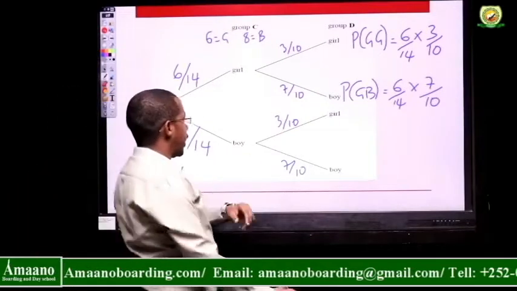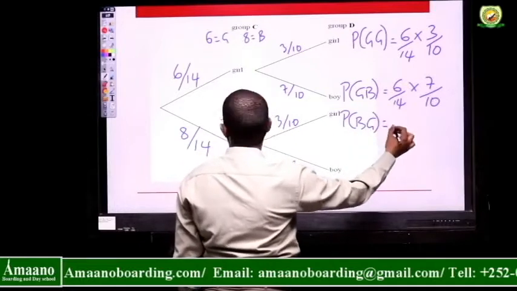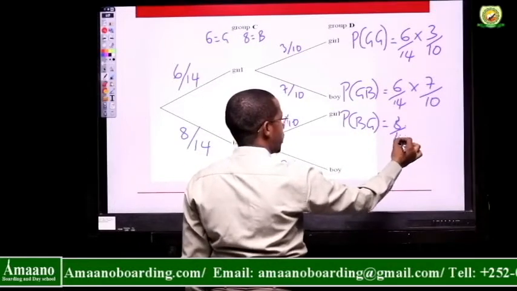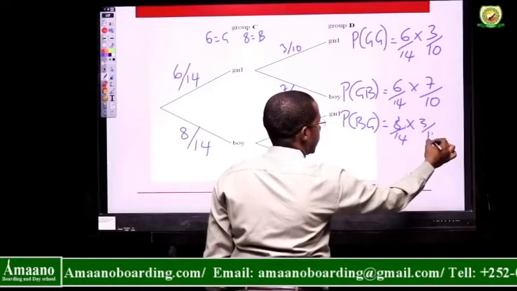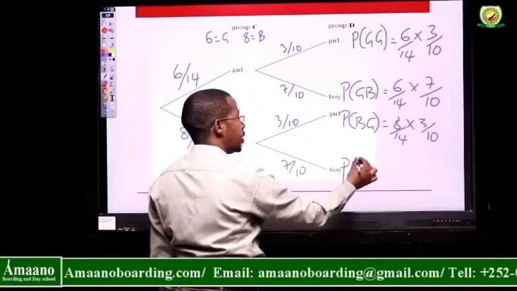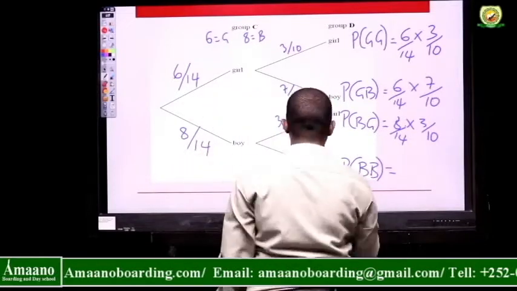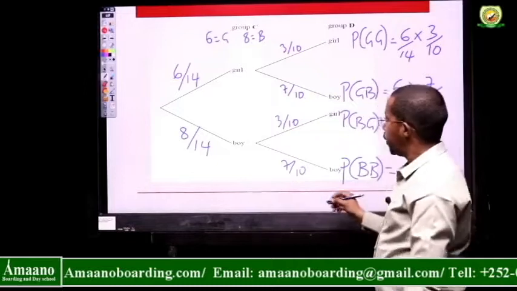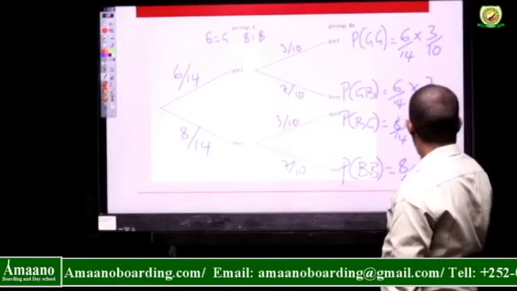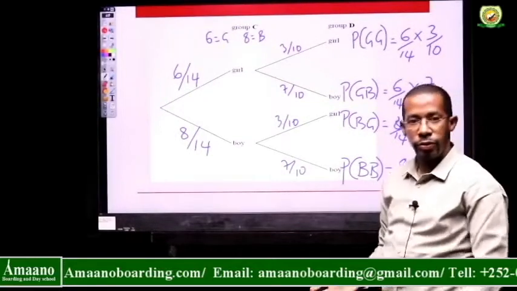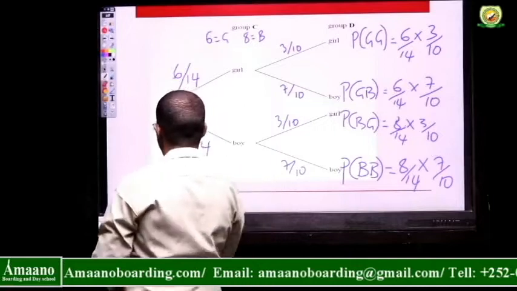Probability of getting a boy and a girl will be 8 over 14 times 3 over 10. And then lastly, probability of a boy and a boy. So here you're getting 2 boys. So you have 8 over 14 times 7 over 10. You have completed your tree diagram.